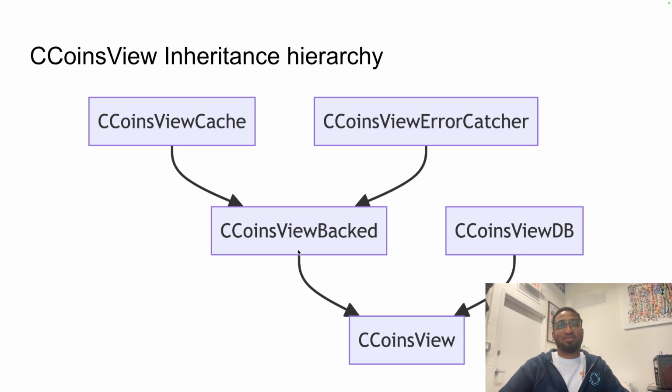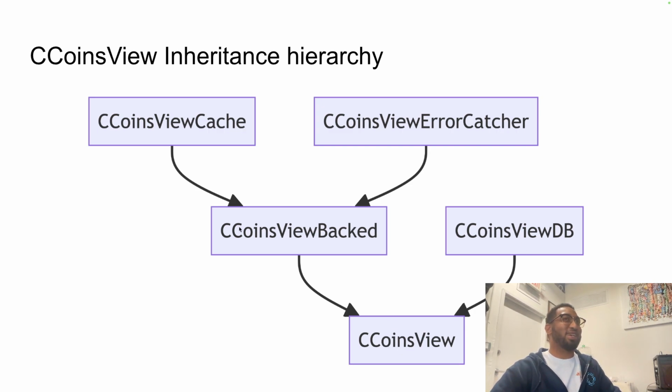Let me look at this diagram first. You have something called the CCoinsView, and CCoinsViewDB inherits properties from the CCoinsView.